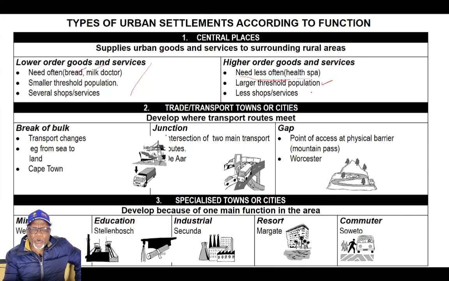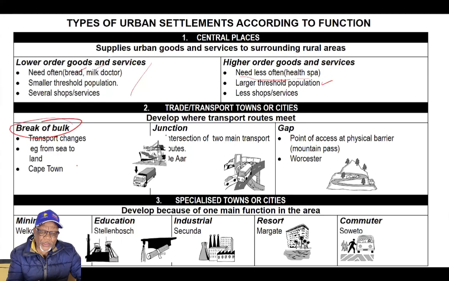Now let's quickly go into types of towns. We have what we call a break of bulk. A break of bulk town is sometimes called a bridge. This is where one mode of transport is replaced by another.